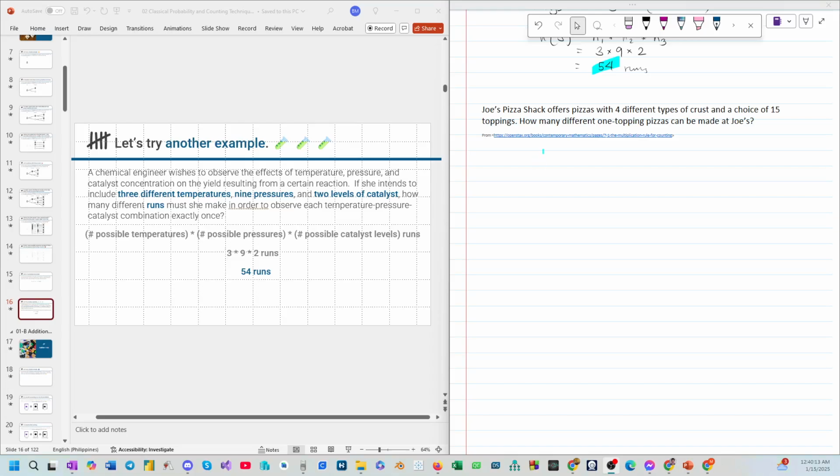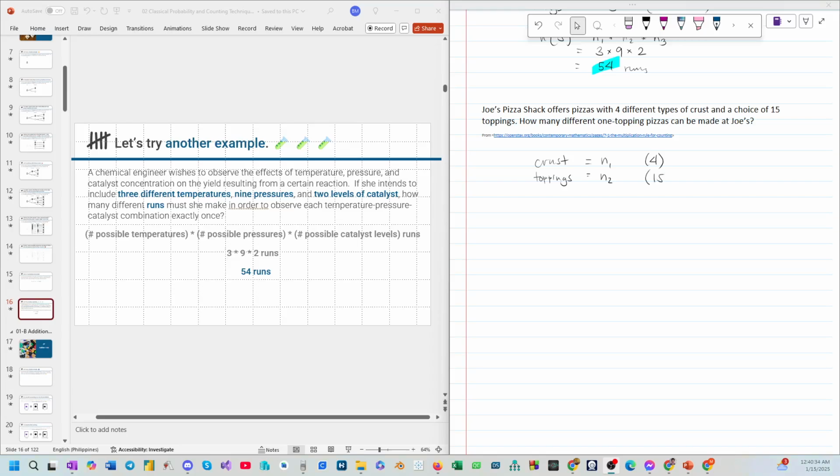You have 4 crusts, so crust natin is N1, because 4 different crusts. And then toppings, meron tayong N2, which is 15.